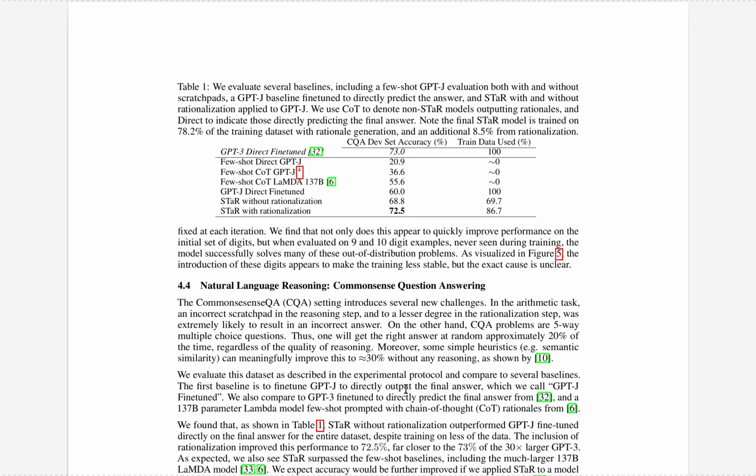We find that not only does this appear to quickly improve performance on the initial set of digits, but when evaluated on 9 and 10-digit examples never seen during training, the model successfully solves many of these out-of-distribution problems. As visualized in Figure 5, the introduction of these digits appears to make the training less stable, but the exact cause is unclear.